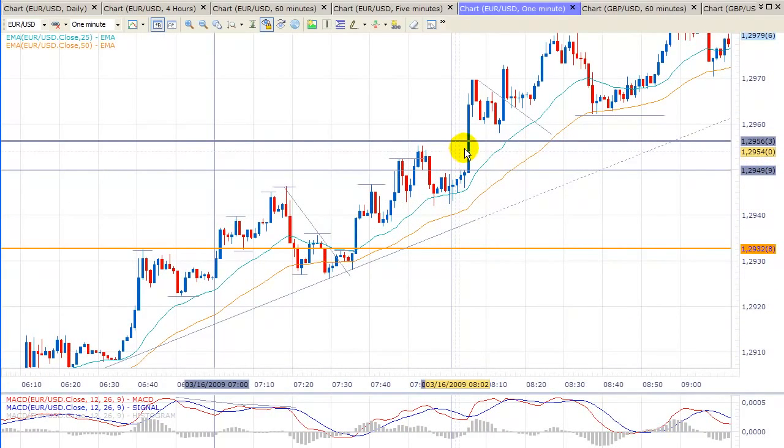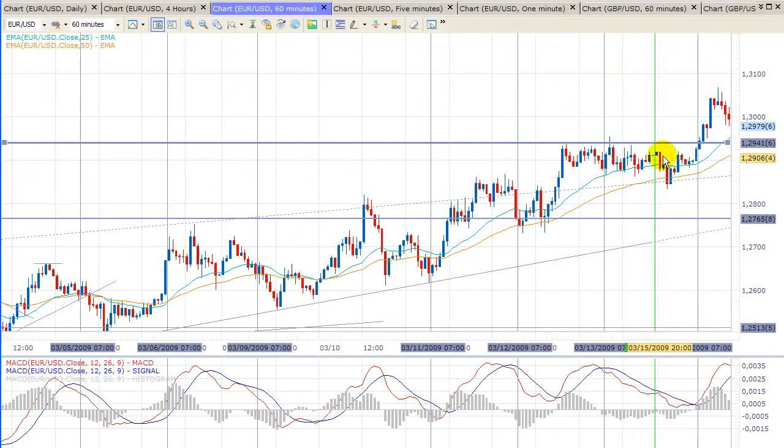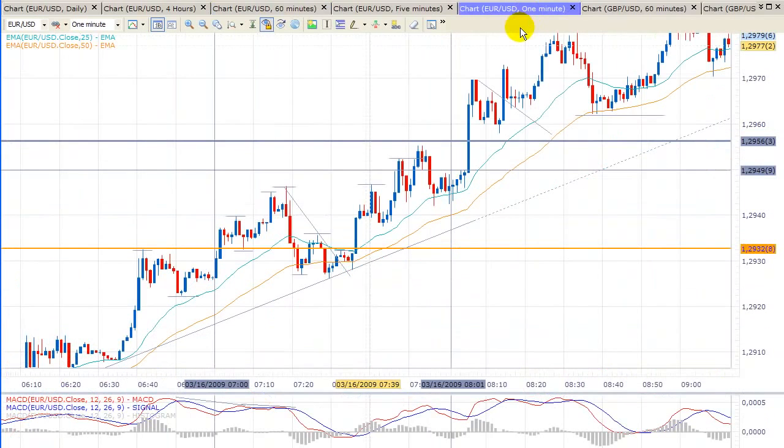I was very careful at this level, because we can see in the 60-minute charts that it has been the resistance level we talked about before. And I closed one of the runners at this level, and I let the other one run.